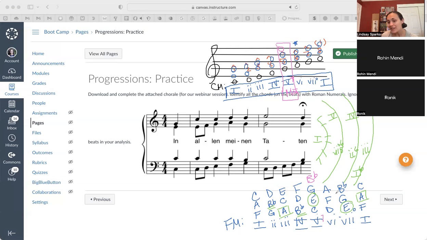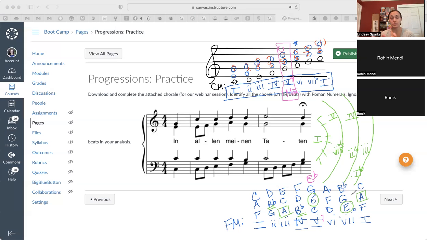Submediant is the term for the 6, which I know is a little bit weird, but it is related to the 3. So we've got submediant, the leading tone, and then the tonic. If you are in minor, everything stays the same, except the leading tone in a natural minor mode is called the subtonic, because in natural minor we don't have a leading tone.